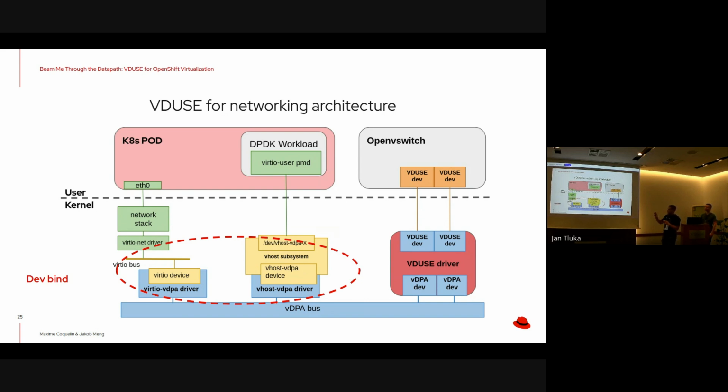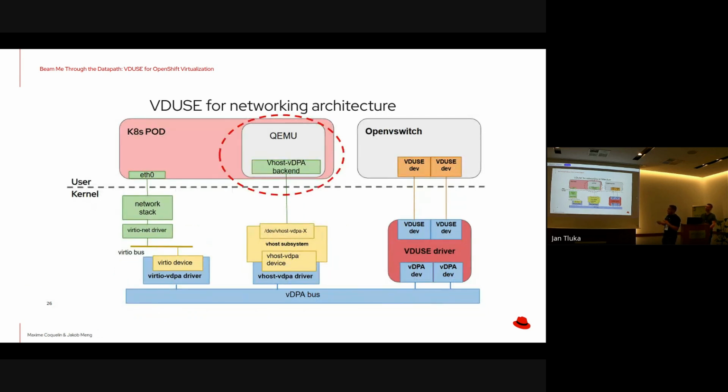In this case, you get another char device, a vhost-vdpa char device, that can be used when you don't have virtualization. It can be used with a CNF, for example, a DPDK workload that would use a virtio-user PMD. And in the case that we are presenting today, it can be used with QEMU because QEMU implements a vhost-vdpa backend.